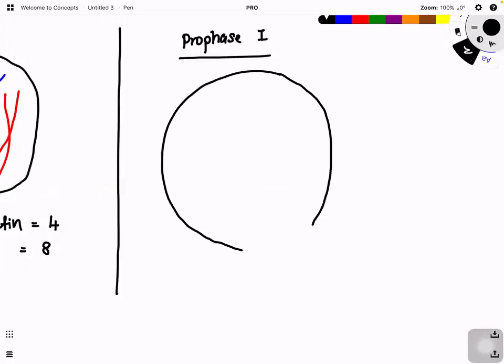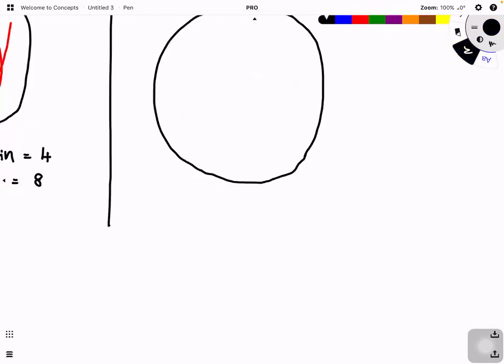So first thing that happens here is condensation of the chromatin. First event. Condensation of chromatin. Now it takes time, so it's not like magic. After 1 second they don't become thicker already.